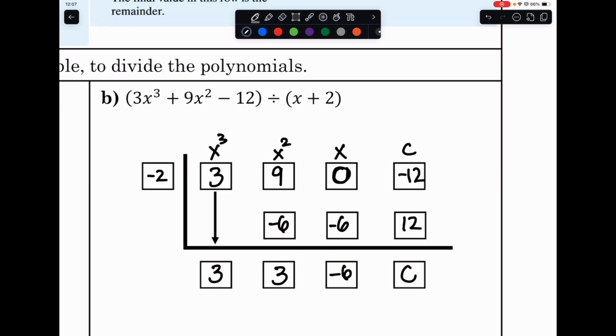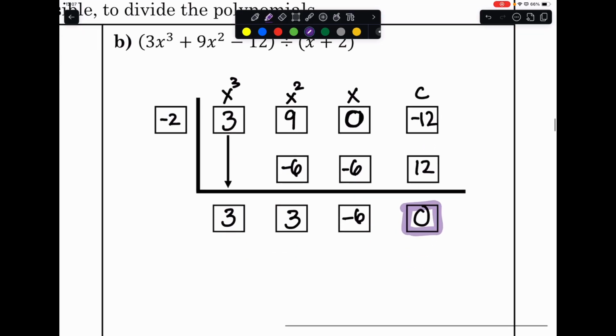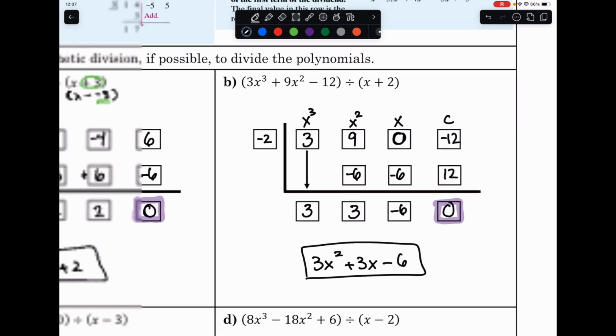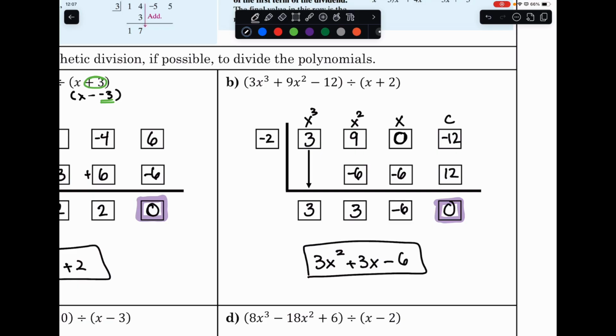Here this adds up with 0, so our last value being a remainder again is 0. So our solution here is 3x to the second power plus 3x to the first minus 6. And obviously again, there's no remainder, so we leave our answer like that.